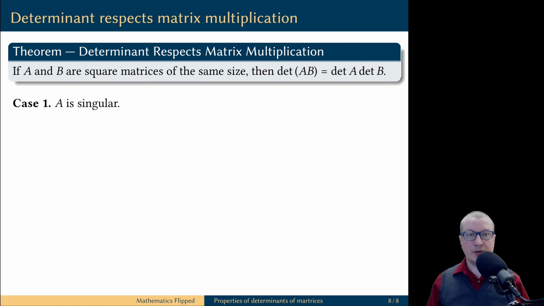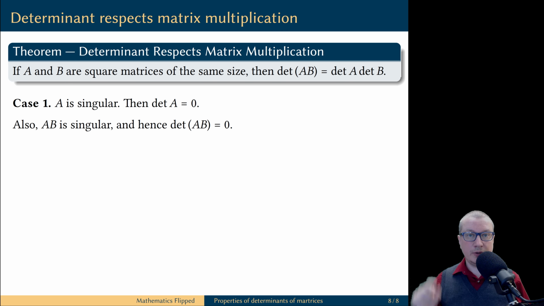In the first case, we are going to assume that the matrix A is singular. Then, its determinant must be equal to 0. Also, in one of the previous videos, we have proved that a product of matrices is a non-singular matrix if and only if all individual matrices are non-singular. This means the product A times B is a singular matrix because at least one of the terms, A, is a singular matrix.